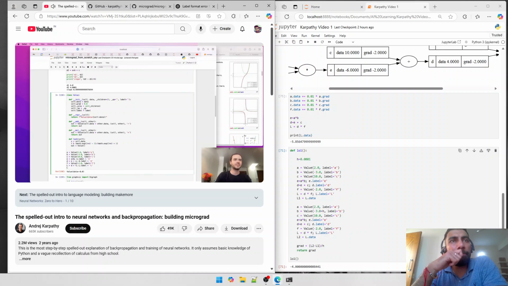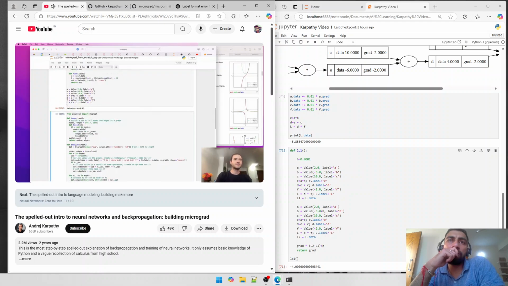Maybe I can call this x, just so that it matches exactly. Okay, and now this will be t, and children of this node, there's just one child, and I'm wrapping it in a tuple, so this is a tuple of one object, just self, and here the name of this operation will be tanh, and we're going to return that.